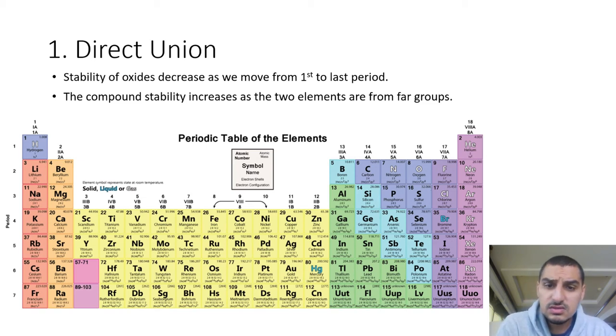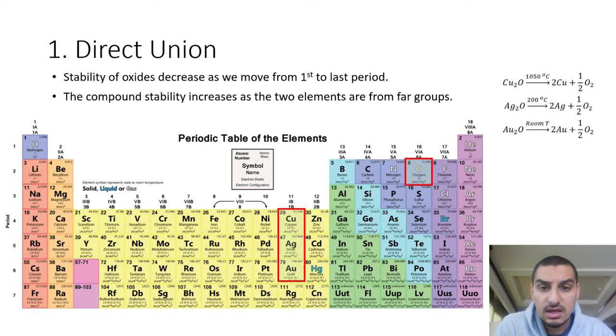The second thing to notice is the stability of the oxides. For instance, I'm giving examples of some outputs. The stability of the oxides decreases as you go from first to last period. So if you see copper oxide, it is a very strong oxide, and it forms readily, or spontaneously, once copper is put in air.